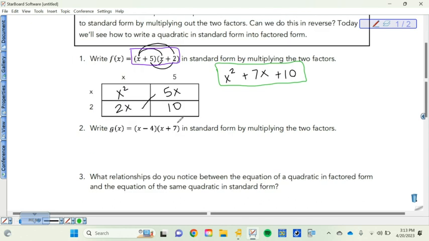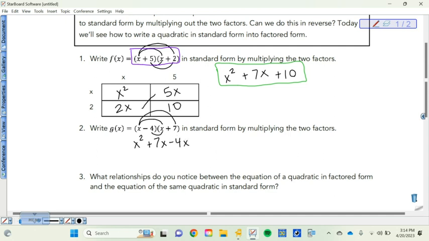Now let's do number 2. Again, two binomials. I multiply them together using the FOIL method. So we do first times first, which gives us what? x squared. And then outer times outer would give us? Inner times inner. Good.